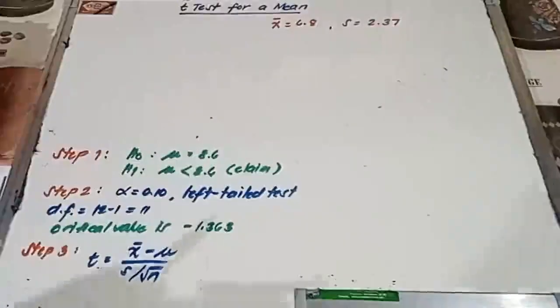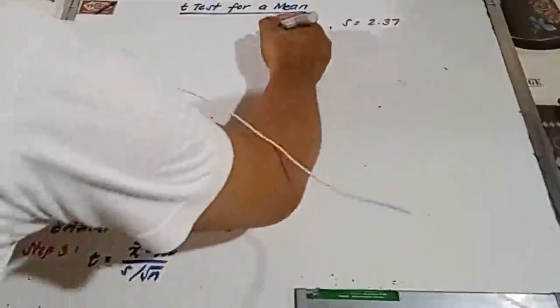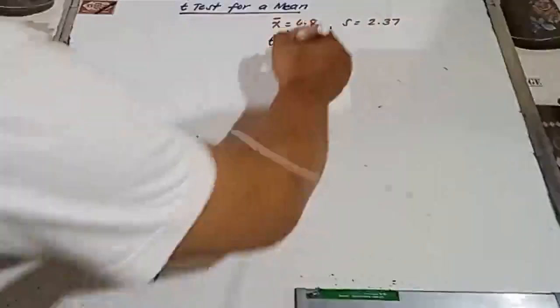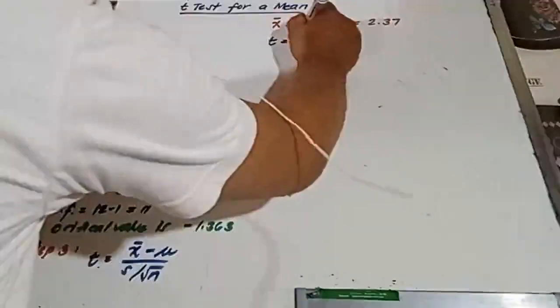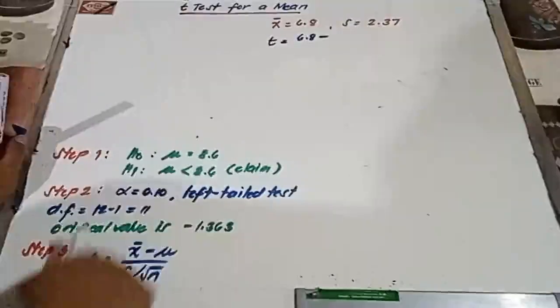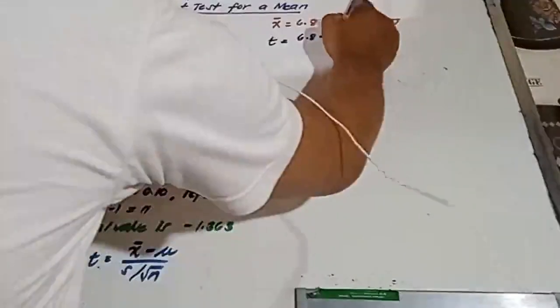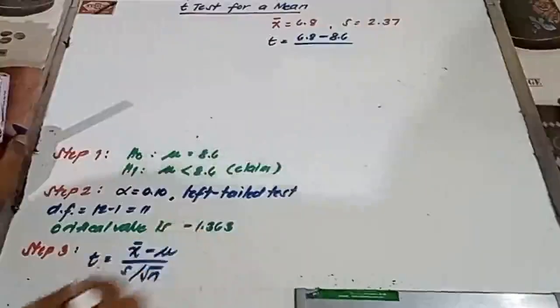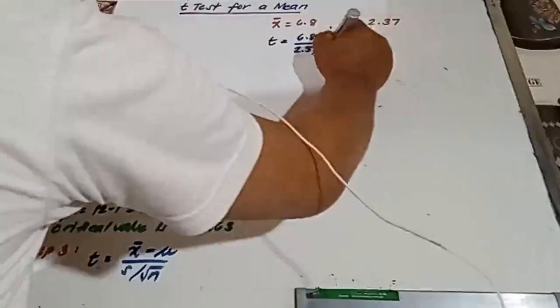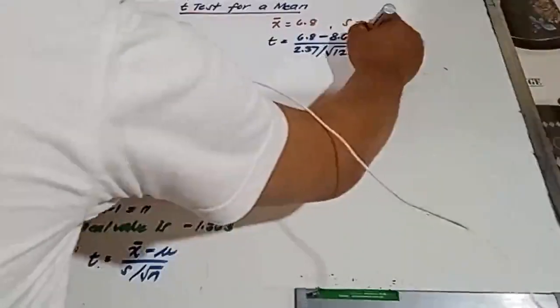So, para sa step number 3, solve natin si t-value or computed t-value. X bar is 6.8, nakuha natin kanina gamit ang scientific calculator, minus mu is 8.6. And then our S, nakuha natin kanina, 2.37. Ang sample size natin is 12, square root of 12. Okay?